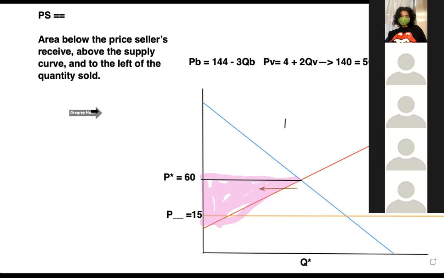So even though producer surplus is not profit, it's very close to profit. So this is producer surplus. It's like the profits the sellers are making. Like I said, it's a useful lie to think of them as profits. Okay, Stephen? Yes, thank you.